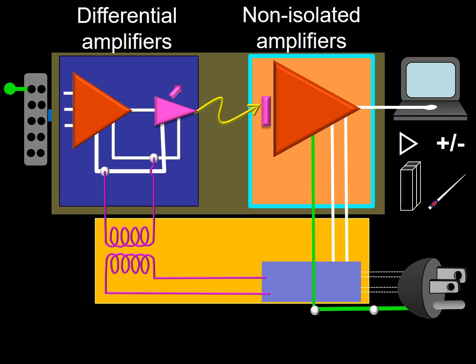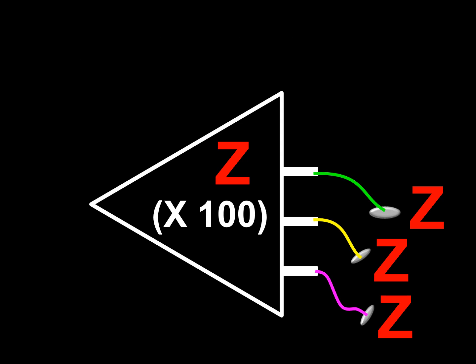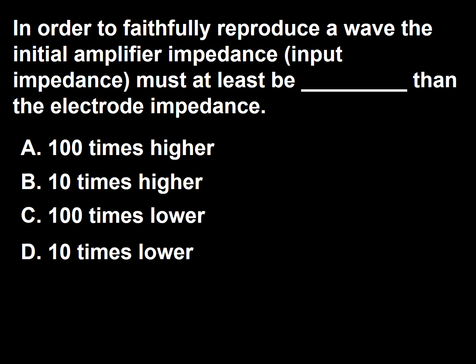For this reason, modern EEG machines have amplifier input impedance in the 10 mega ohms range. So do not forget, amplifier input impedance should be at least 100 times higher than electrode impedance, but preferably it should be in the 10 million ohm range. So the answer to this question is A.